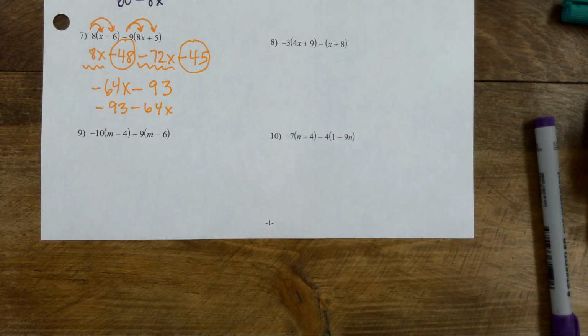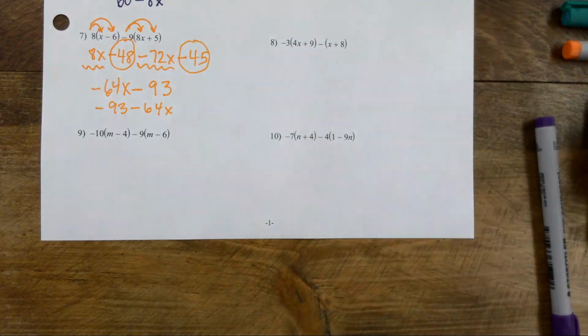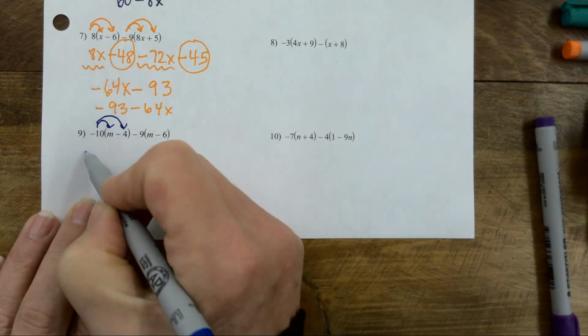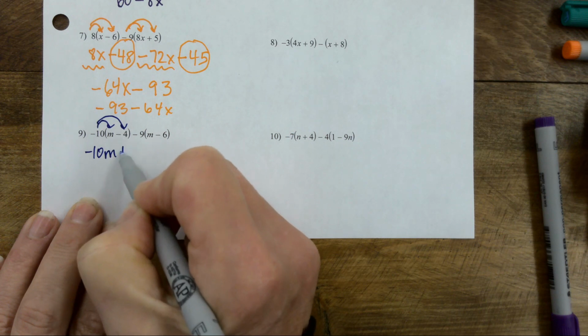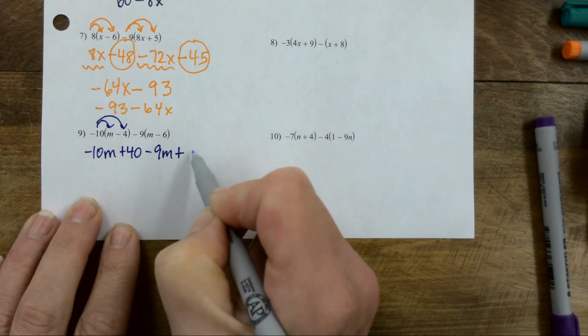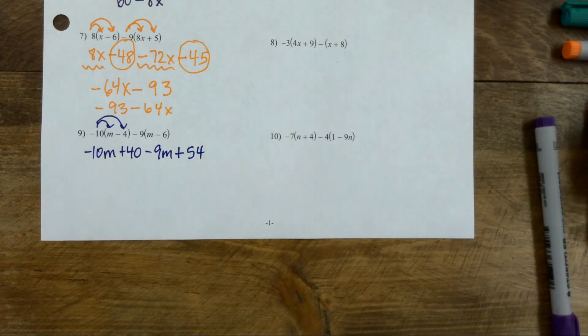Okay, up next, another double distribute. This one has both negatives on there. Negative 10m plus 40 minus 9m plus 54. How is it plus? Because the negative sign is.